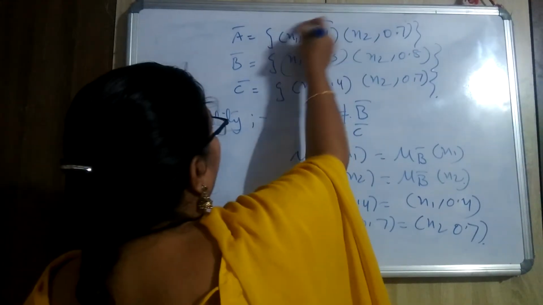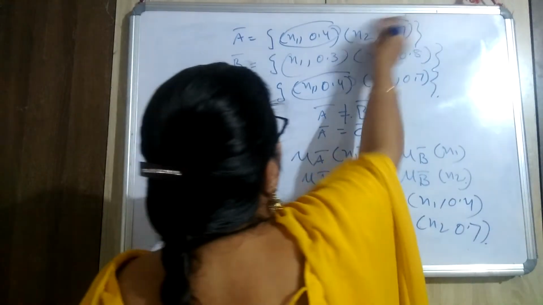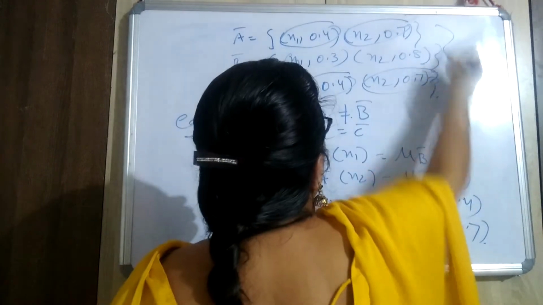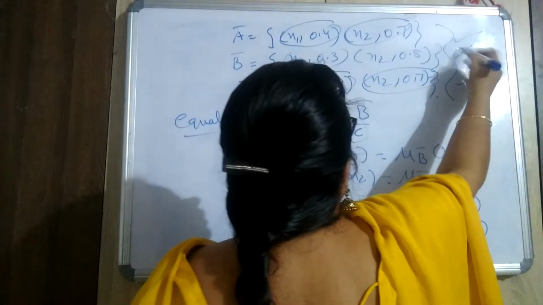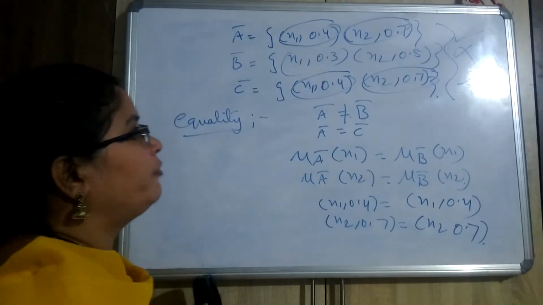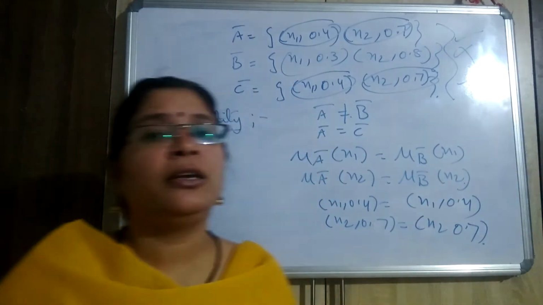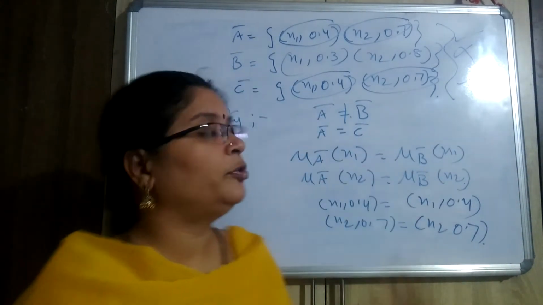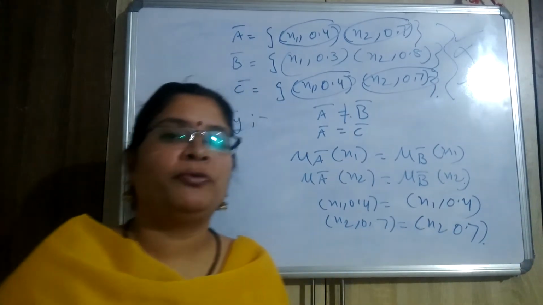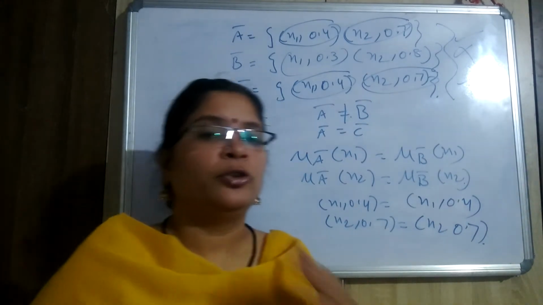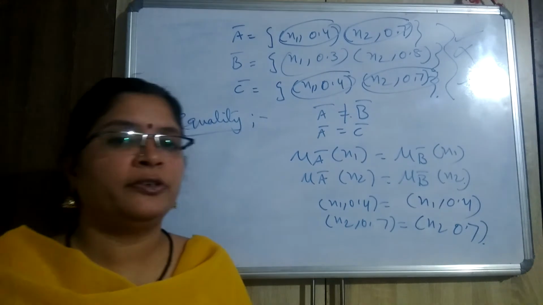That means both the elements in a bar and both the elements in c bar are same. So these two are same, but a bar, b bar is the different one. It's not at all same. Like that, we can represent the equality of the sets with the help of those members, with the help of the membership functions. So this is one of the operations of the fuzzy sets.